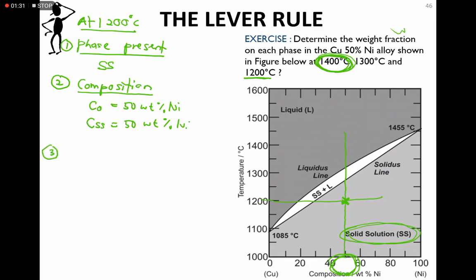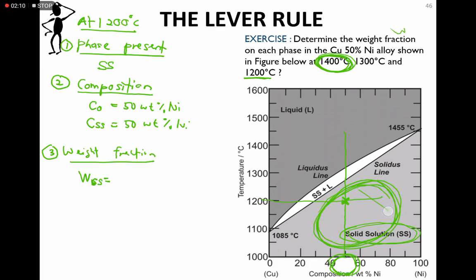Number 3, weight fraction. WSS means weight fraction of the solid. You need to find the percentage of this region for the solid. So your answer is 100% solid.